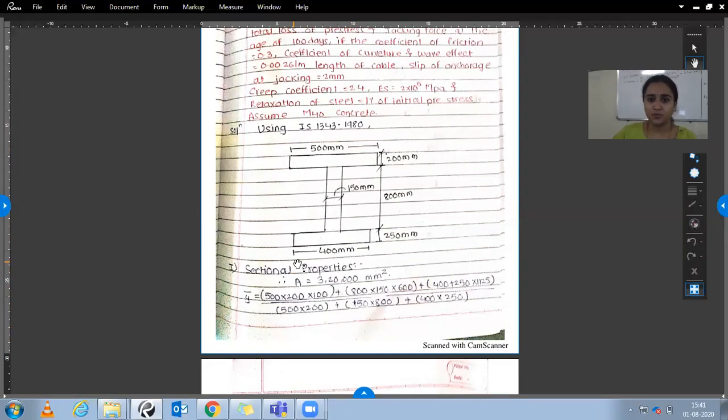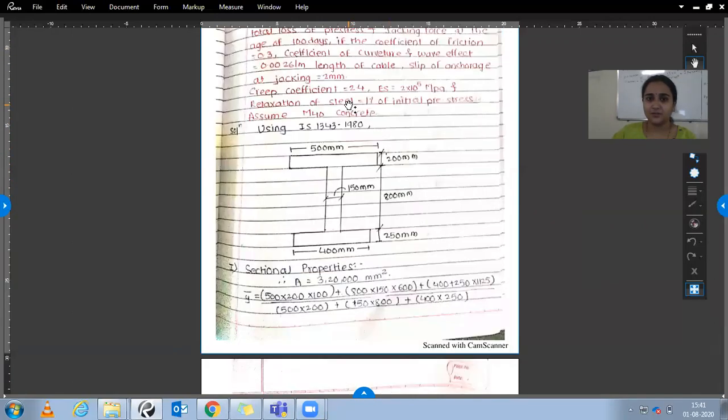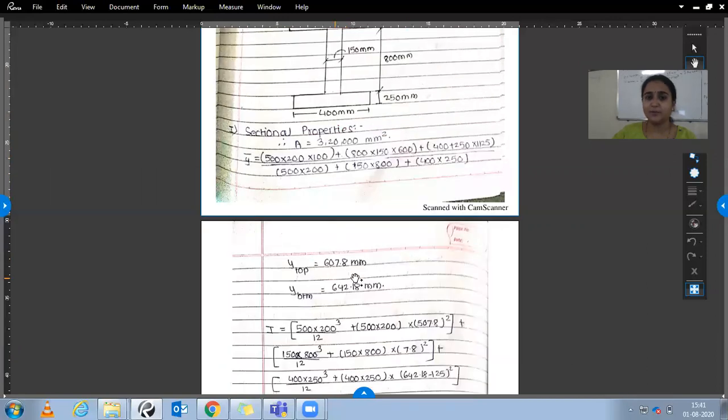Sorry, it is from the top: 500 into 12 into 100, which is the area, and 200 divided by 2 is the centroidal distance of the bottom flange. According to that, we find the y bar; this is y top and this is y bar at the bottom. For y bar at the bottom, we add up all the heights, 800 plus 200 plus 250, and subtract the y bar at the top.